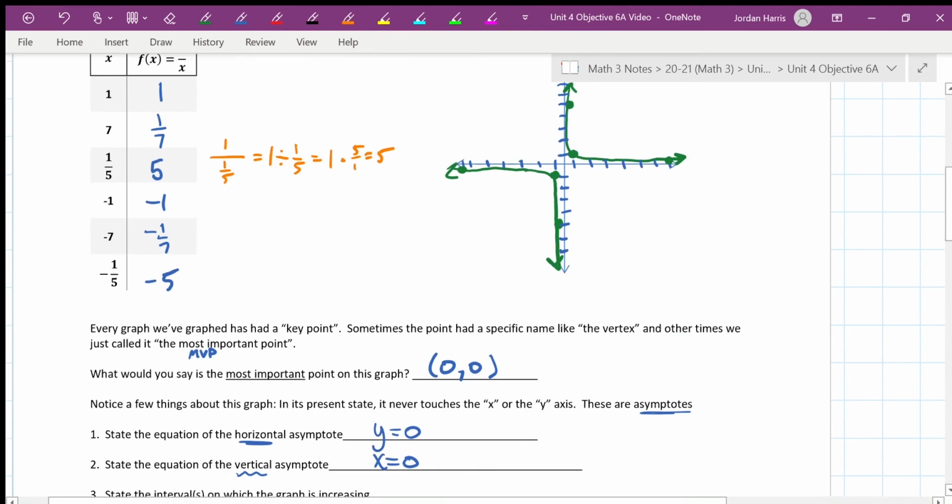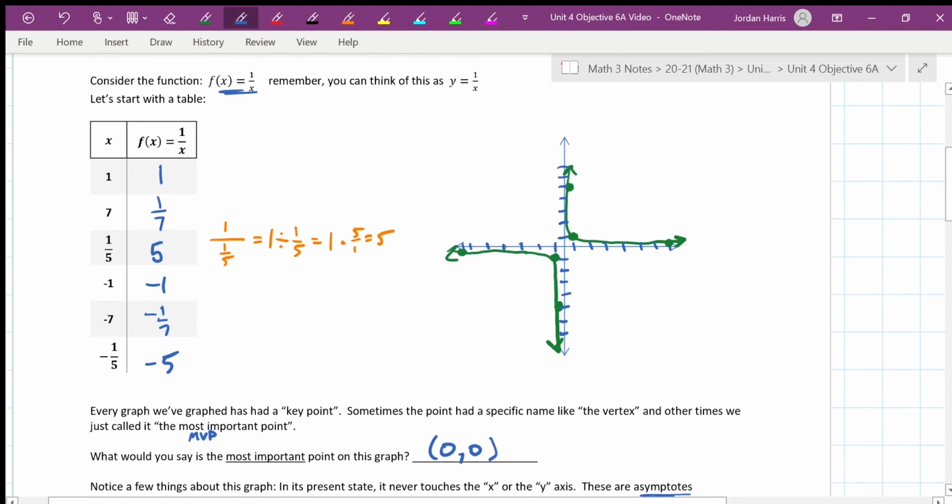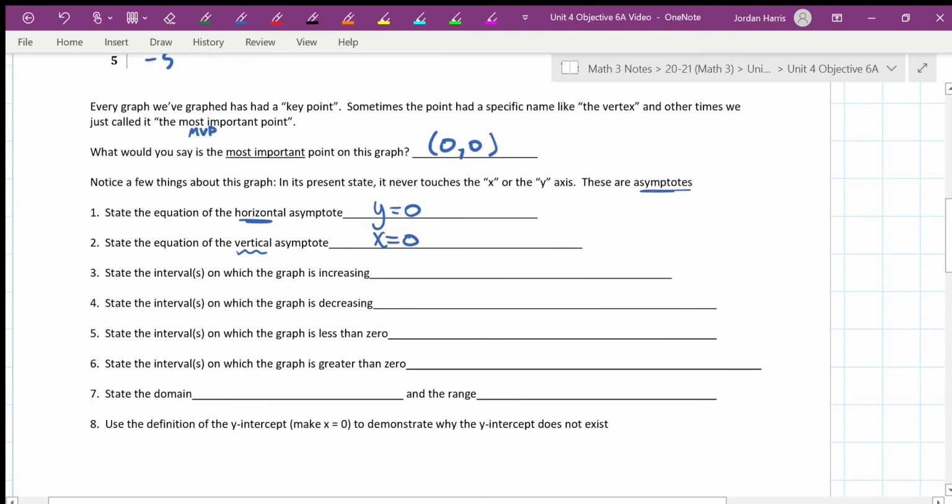Interval where it is increasing. We always move left to right. Notice I'm going down the whole time on both of those graphs as I move left to right. So there is no increasing. These graphs are either always increasing or always decreasing, which you'll see in the next objective when we have negatives. That's when they flip. But as of right now, they should always be decreasing.